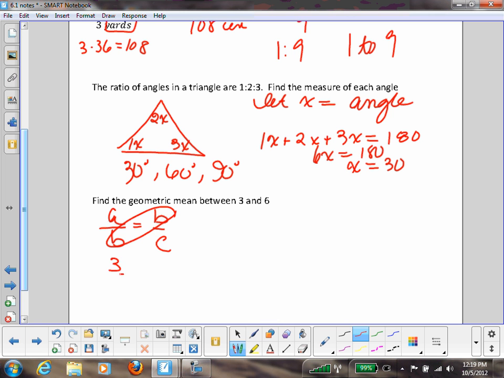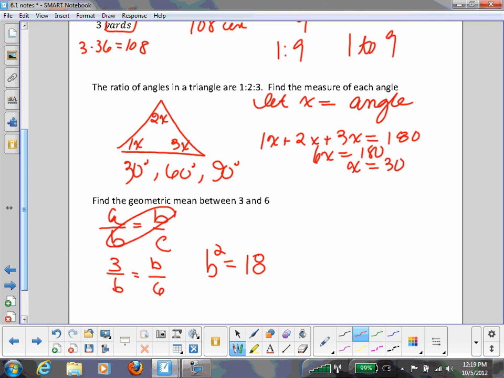So this is 3 over B equals B over 6, or B squared is equal to 18. And traditionally, when we take the square root in an equation, we always think that we get a positive or a negative. But the geometric mean is always going to be positive. So we only want the positive answer when we're talking about the geometric mean.